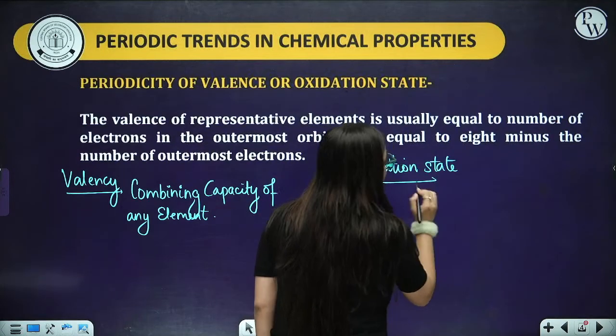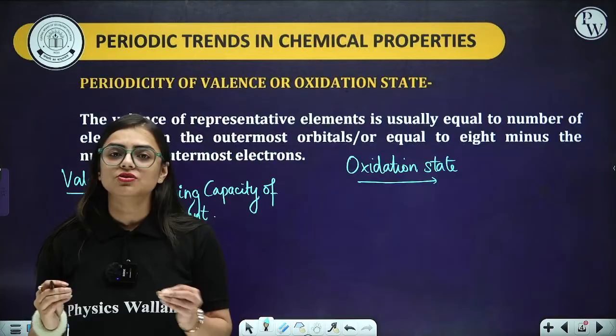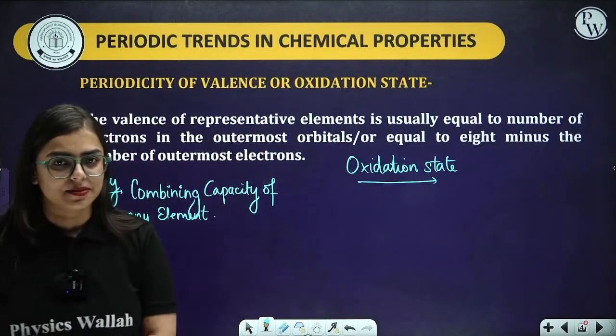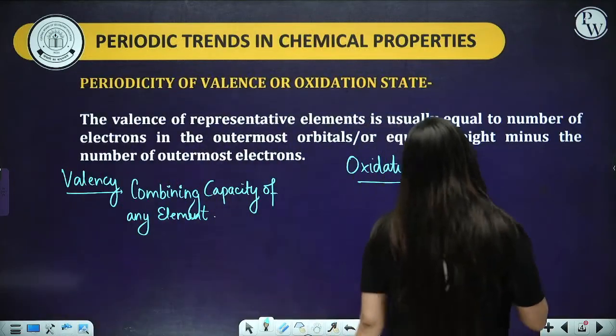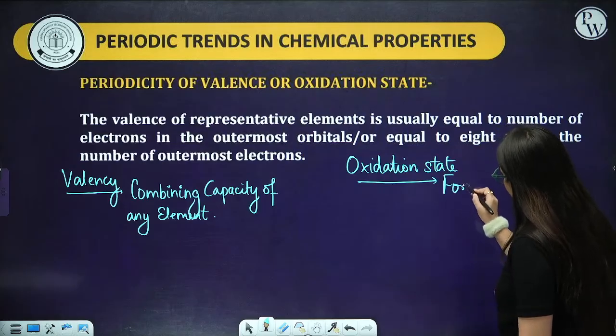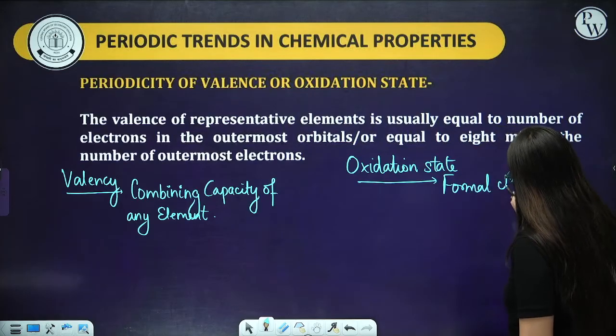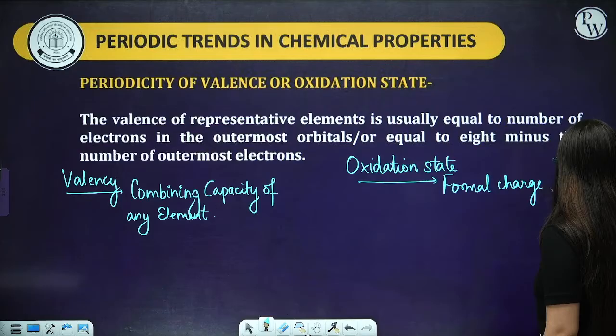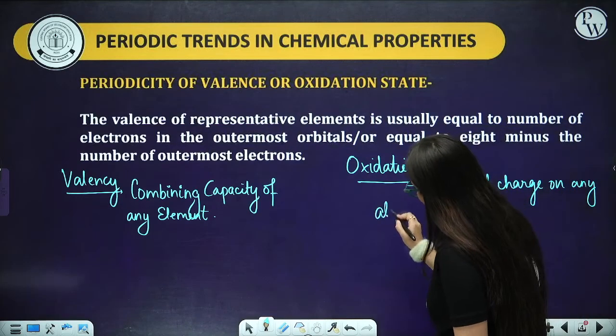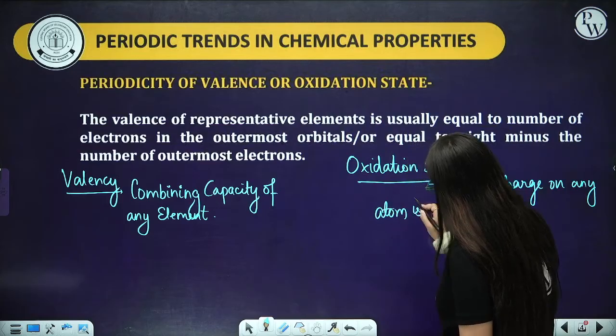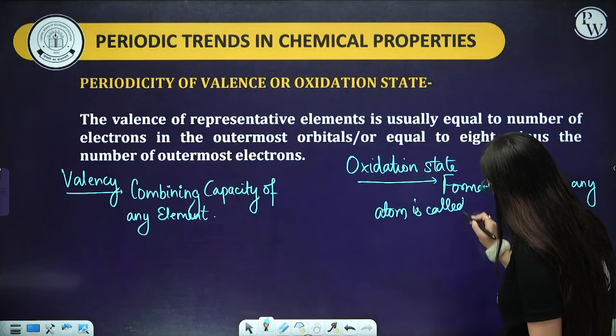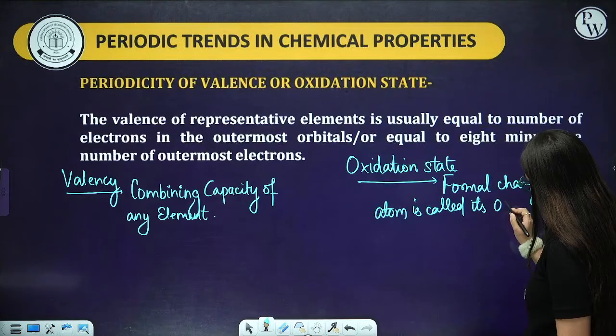Oxidation state is the formal charge that a particular atom carries. So what is oxidation state? The formal charge on any atom is called its oxidation state.